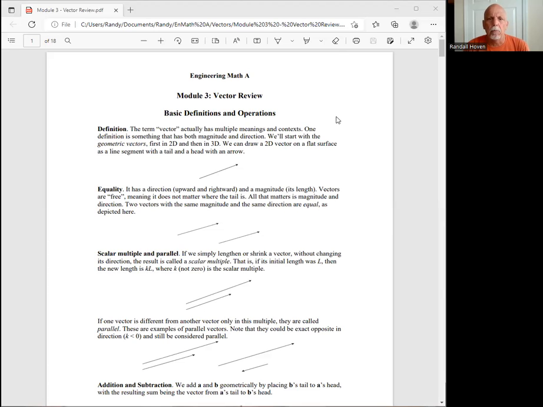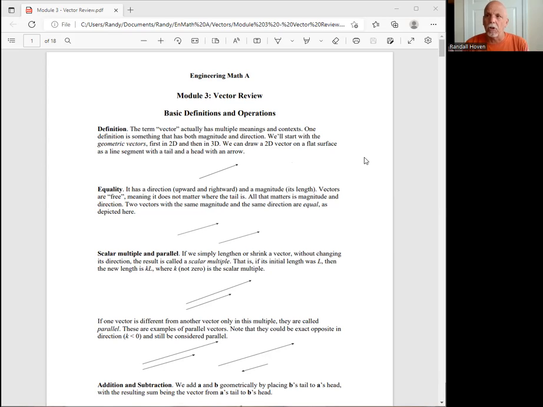And by the way, my notes are generally more extensive than my slides, and they're available for any of the subjects I cover in my videos. And if you want this one or any of them, just email me and I'll email you back the copy or copies. So let me go through this very upfront part on vector definitions and things.